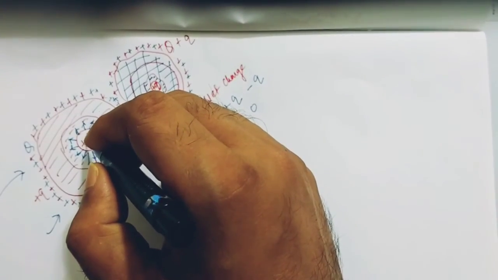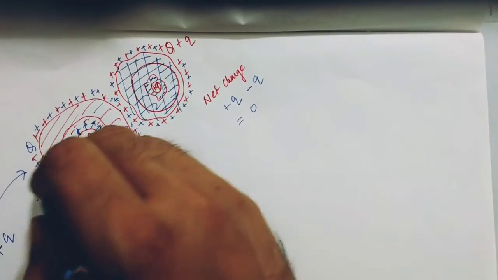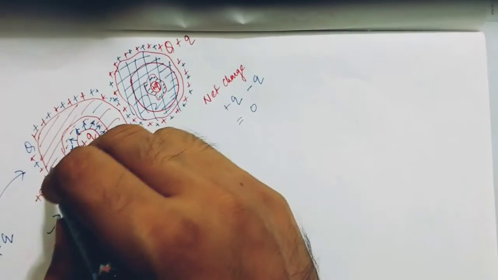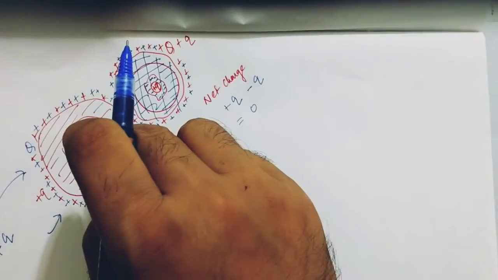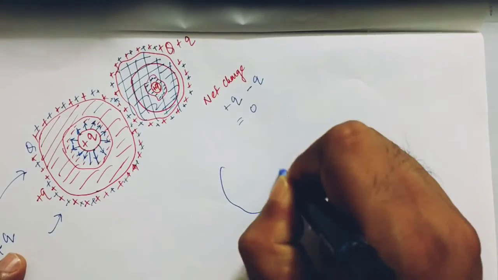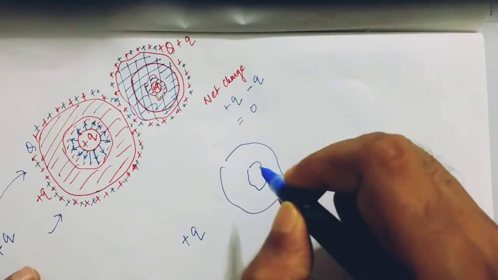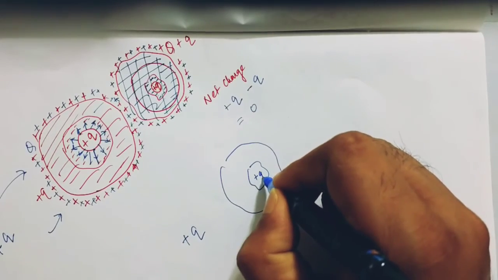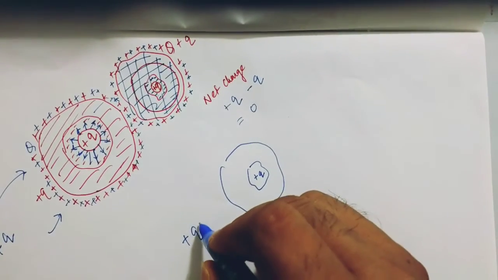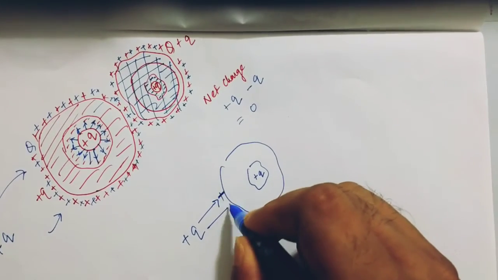If you put a charge here, suppose this is a positive charge Q, it will not penetrate. In reverse, if you put a positive charge here, I say this is a conductor body, and inside is a cavity with a positive charge in it.